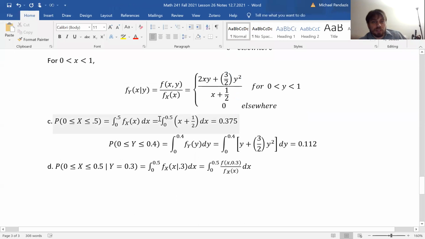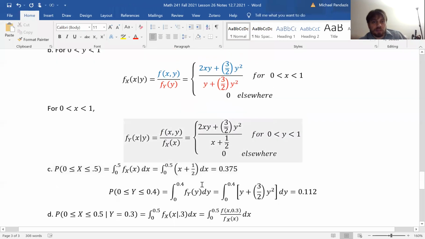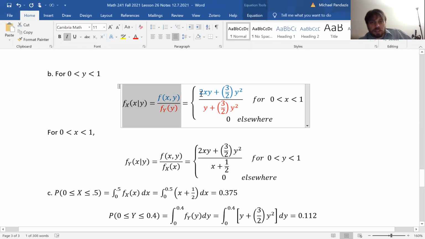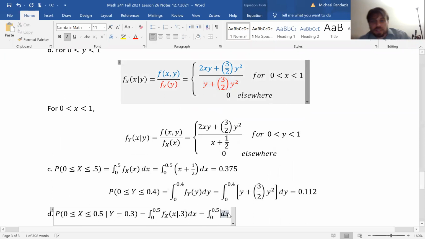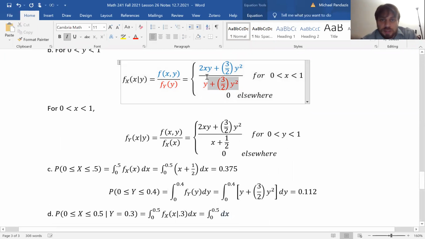Oh, here we go. Okay, we just have it right here. Well, let's just use it right here. We have f sub x of x given y, which is here, right? And so it is that, but you can just plug in y is equal to 0.3 here. So let's not rewrite that step. So you're using this value here.